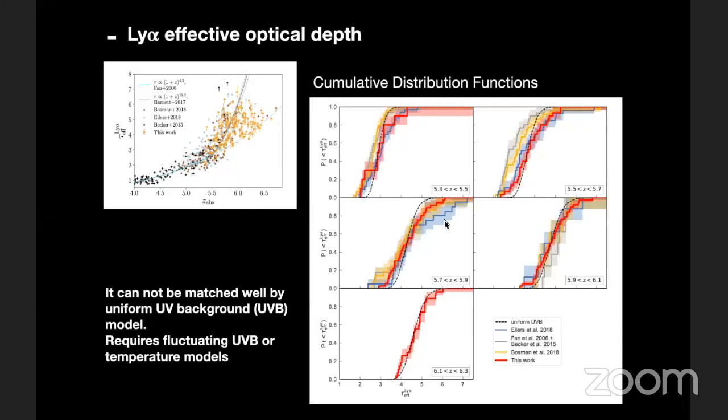We can see our result, the red line, is consistent with the previous studies within uncertainty. Although some of the previous studies use PCA and some use power law fitting, that may support that the power law uncertainty will not significantly change the result.